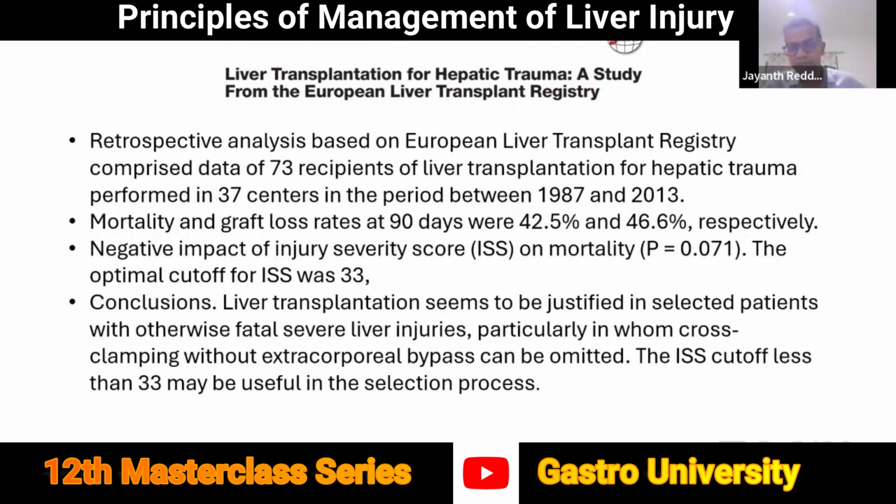But the overall mortality and graft loss was quite high in these patients, and they showed that a higher injury severity score of more than 30 is associated with mortality, and the outcome overall was not good. So only in dire need should this be considered.